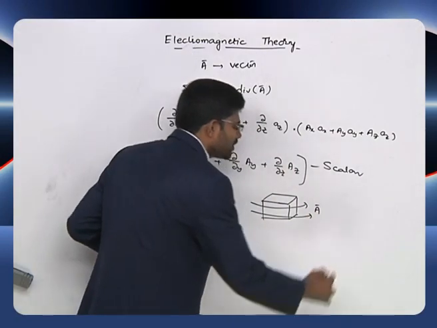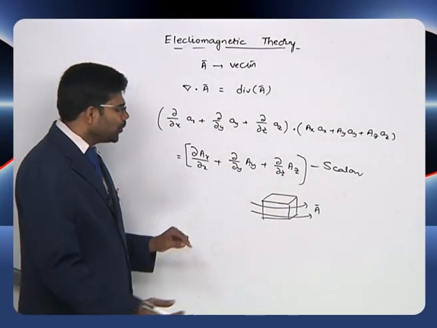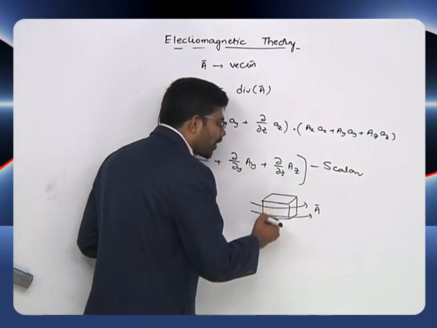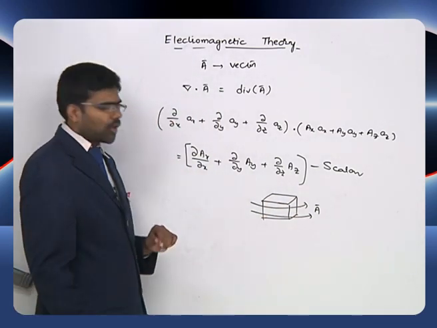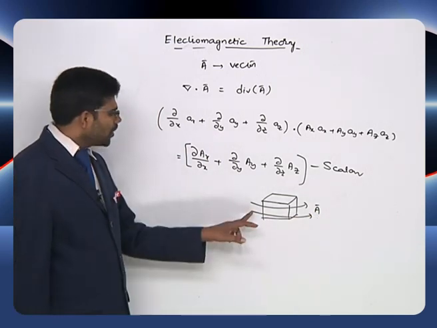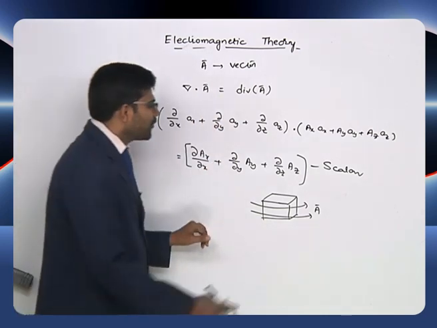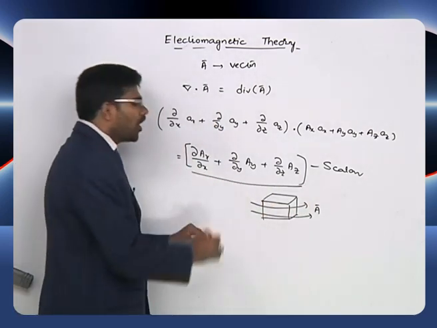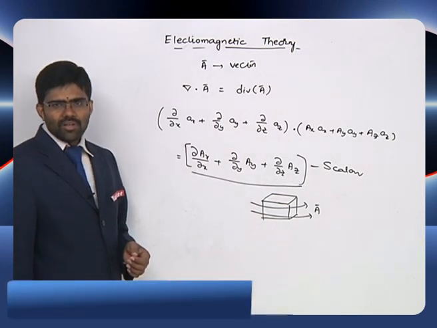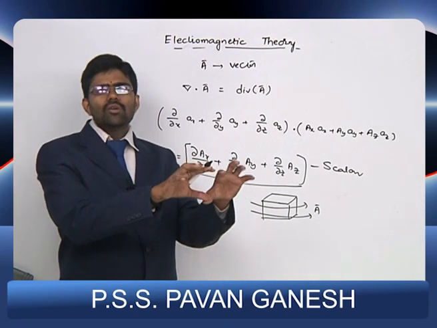Let us take A bar as the field which is passing through that particular volume. Now if you want to calculate how much quantity or how much field is leaving the particular volume, then you have to apply the divergence. If you apply the divergence, you can observe how much quantity is leaving. Here we are not getting any direction, but how much quantity is leaving a particular volume.